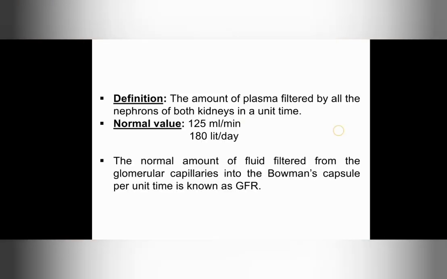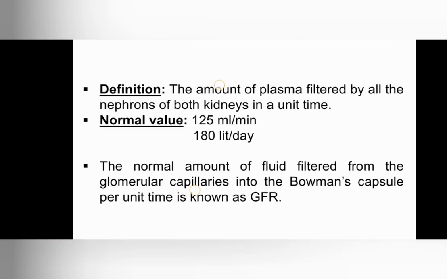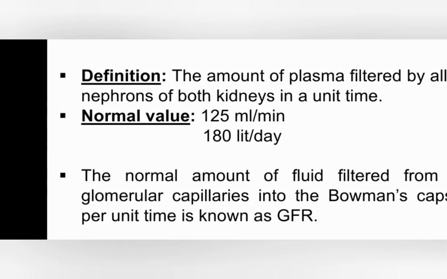Another interesting thing, if you look at the values, is 180 liter per day or 125 ml per minute. So how is it 180 liter per day? Whatever amount of water or fluid we consume per day, maximum it may be 5, 6 or 10 liter.